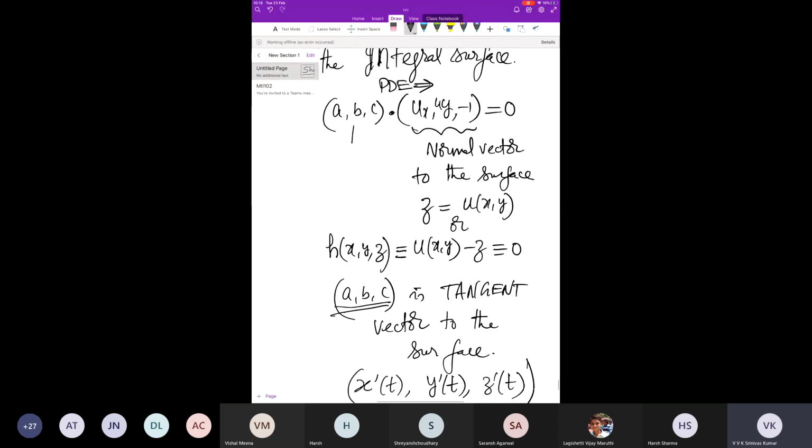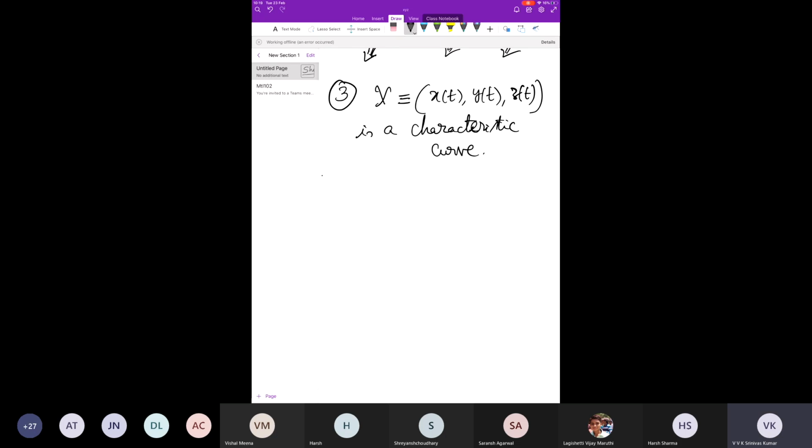P is any point given, and third is chi. What is the third thing given? Please see the problem statement. The third thing given to us is that chi is a characteristic curve.